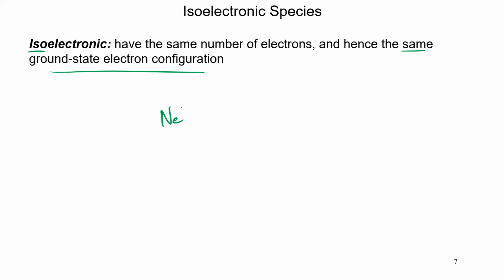The elements that are isoelectronic with neon would be sodium plus, magnesium 2 plus, fluorine minus, oxygen 2 minus. Right? All of these species, all these chemical species, have the same number of electrons. Right? They all have 10 electrons.